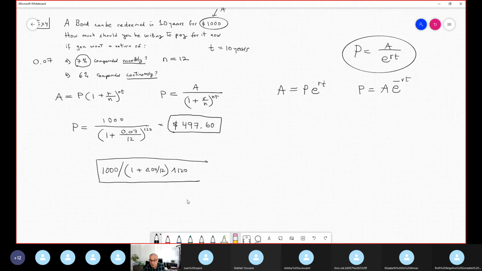This and this are the same. So you use a negative exponent, it's reciprocal. Actually, the new price for condition 2 is 1000, que es future value, times e to the minus the interest rate, in this case 0.06.